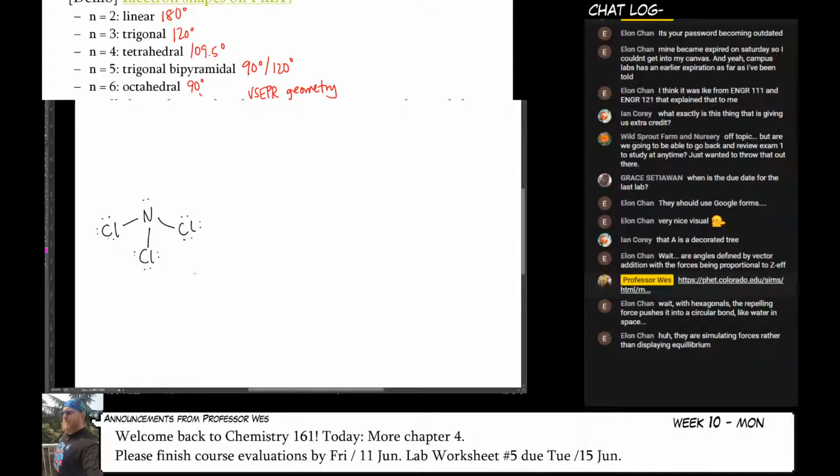So I drew this as my Lewis structure. The first thing I would do is say, okay, how many electron groups are there? Well, there's 1, 2, 3, 4 electron groups around the central atom.